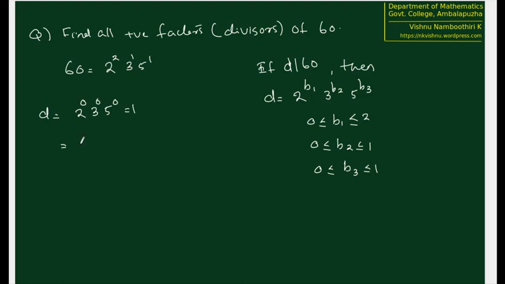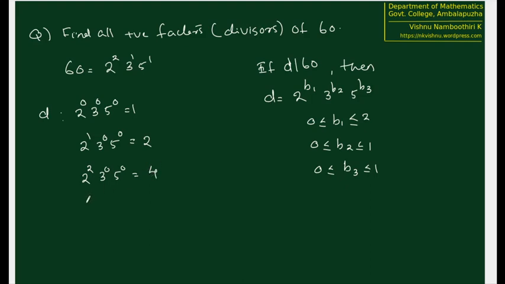We increase the power of 2 first. So 2 raised to 1, 3 raised to 0, 5 raised to 0, that is d equal to 2. Now we increase once again: 2 square, 3 to the 0, 5 to the 0, this is equal to 4.